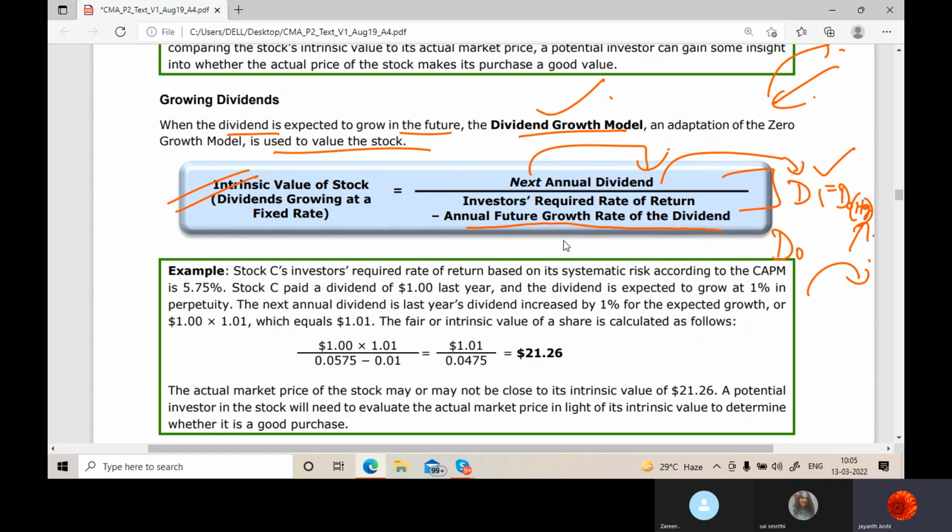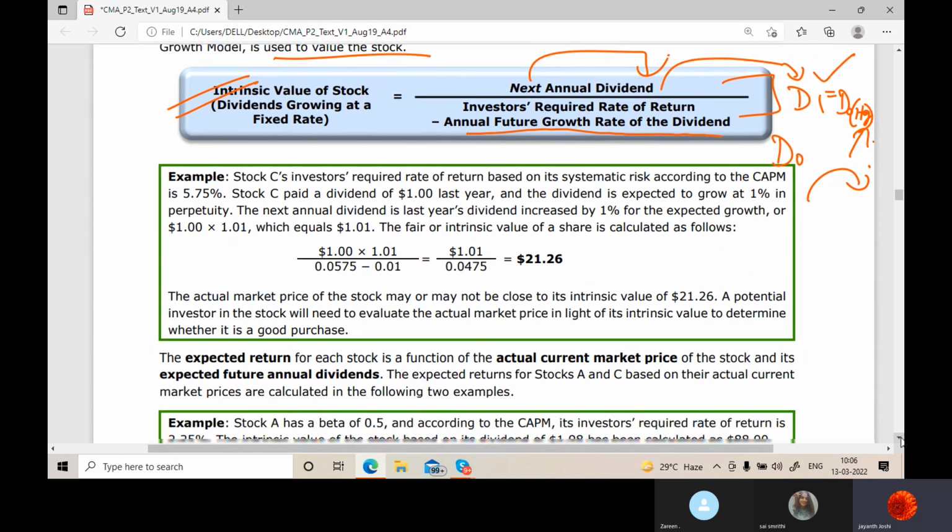Now, please understand, if in the denominator your cost of capital is some percentage, and you are discounting the future dividends with the higher cost of capital, then it would show that the dividends aren't growing. That means this growth effect would not be captured.